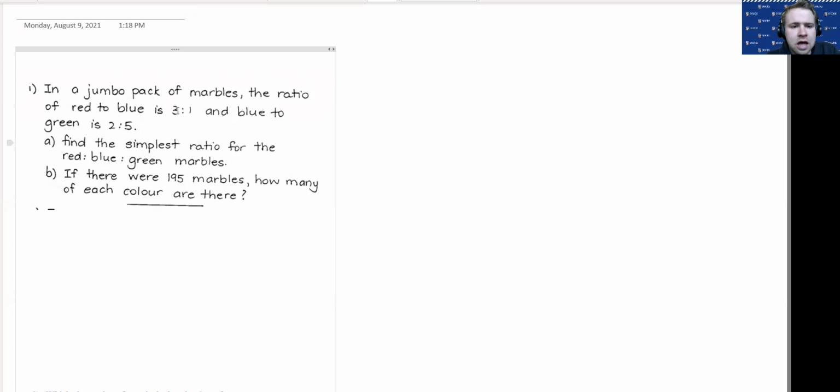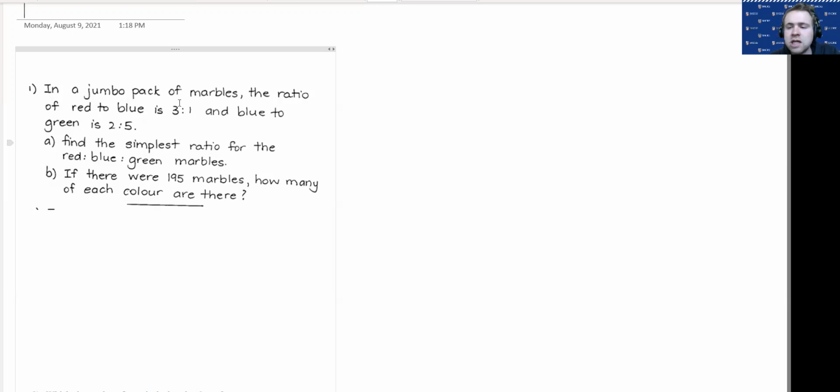If we look at this first one, we've got red is 3 and blue is 1, and then our ratio of blue to green is 2 to 5. What I need to do is recognize which color is in common to both ratios. I've got red to blue, and then blue to green, which means that blue is in both of those.